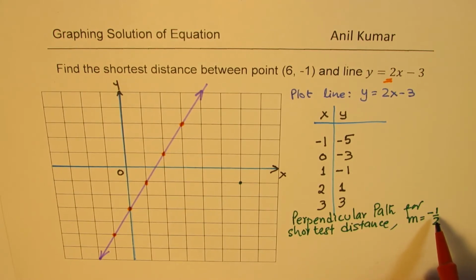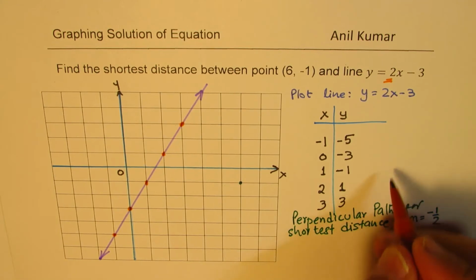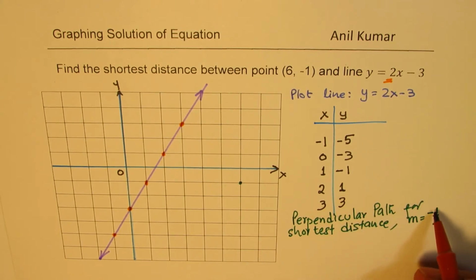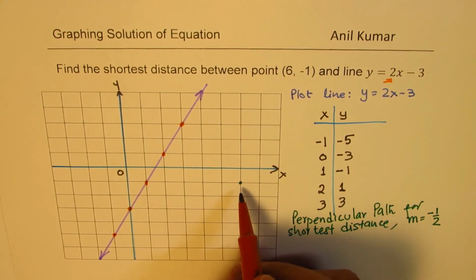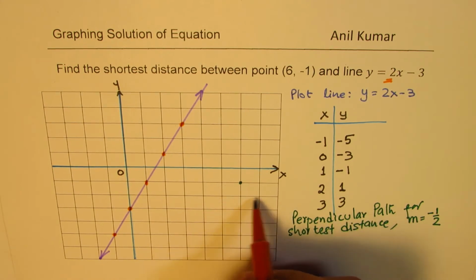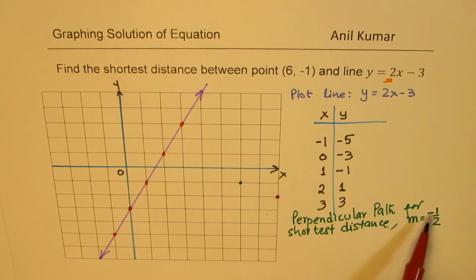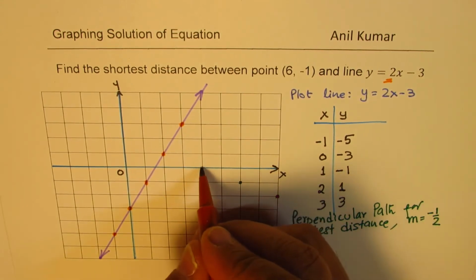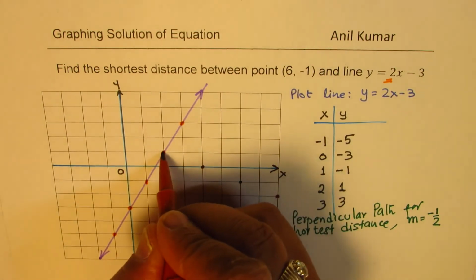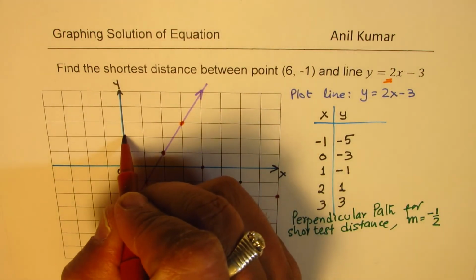So that will give us minus half. Minus 1 over 2 means you go down 1 and 2 right, or equivalently 1 up and 2 left, 1 up and 2 left, 1 up and 2 left.